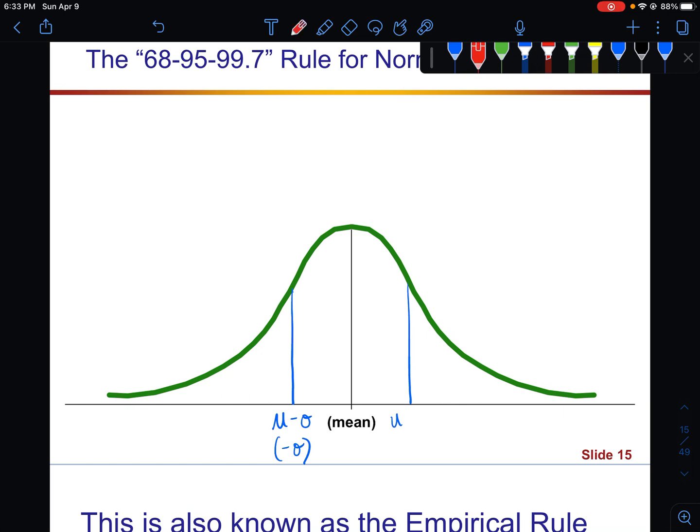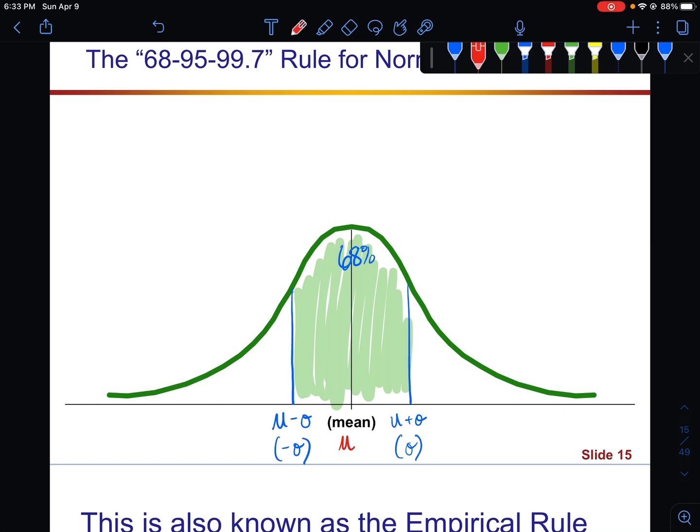I can write that too. Mean is mu. Then adding 1 standard deviation, and we can also label it as just 1 standard deviation. So this area right here would represent 68%, which would fall within 1 standard deviation.